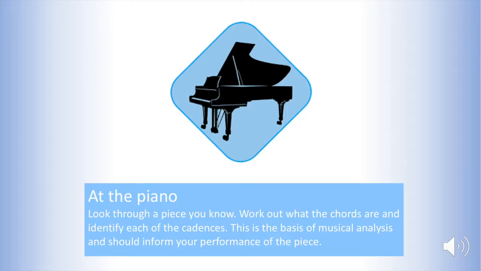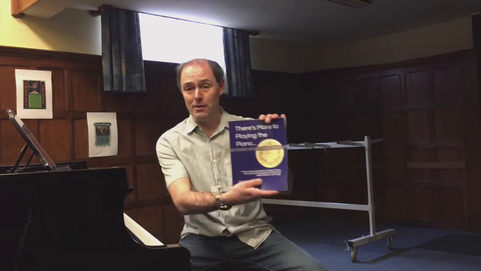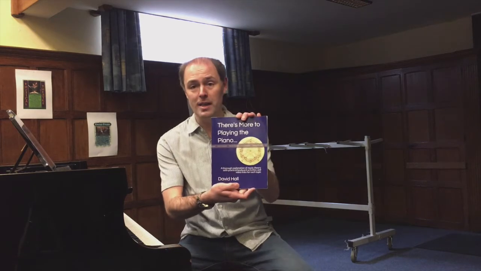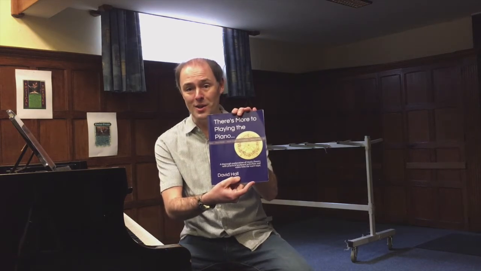At the piano, look through a piece you know. Work out what the chords are and identify each of the cadences. This is the basis of musical analysis and should inform your performance of the piece. I hope you have a copy of this book, There's More to Playing the Piano, by David Hall.